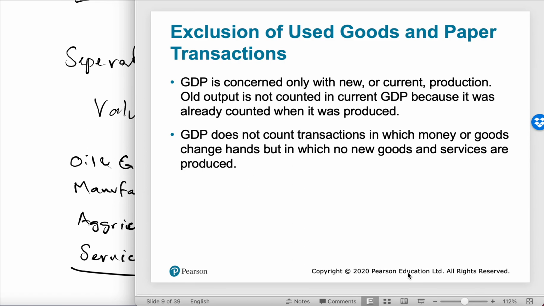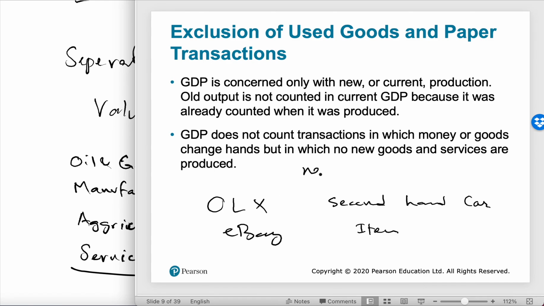Like if you buy a second-hand car on the OLX website, or any item, or from eBay, these are not going to be counted in the GDP.